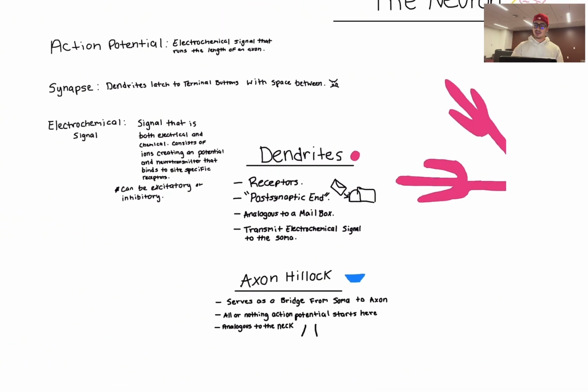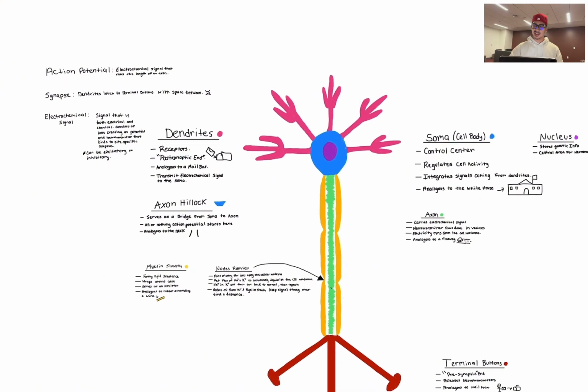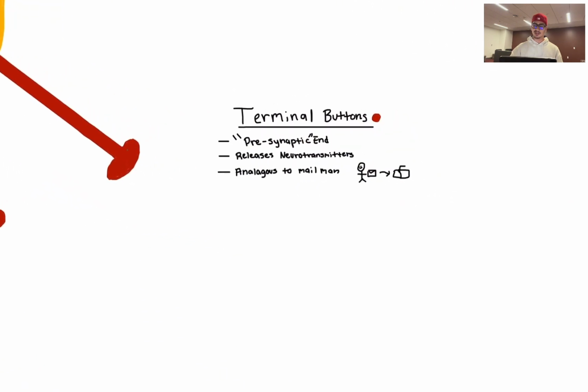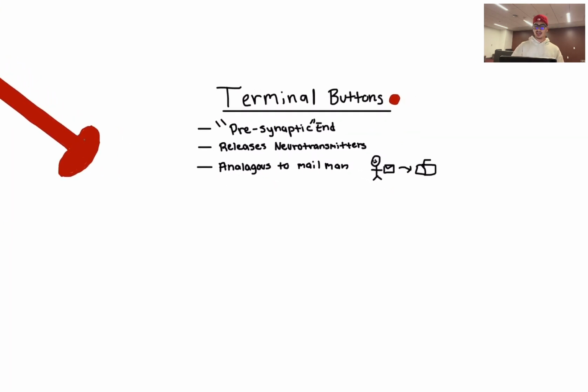So in order to give you a good understanding of what the neuron is, we're going to start off here at the terminal buttons. I want you to think of the terminal buttons as the presynaptic end, meaning this is the end of the connection that is sending the message, right?